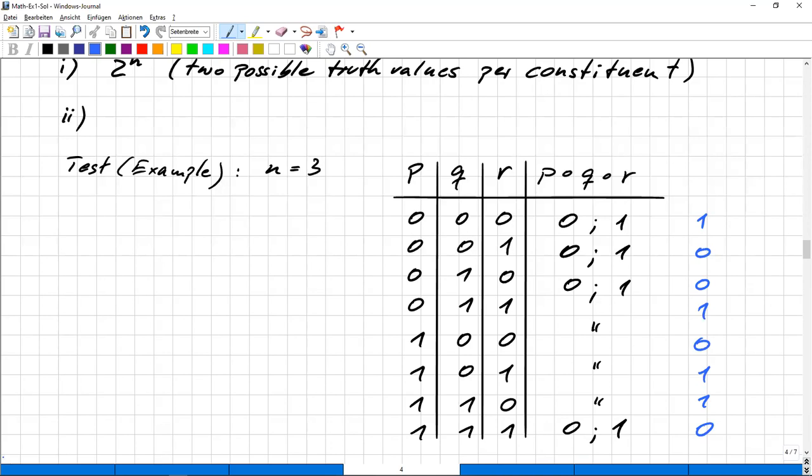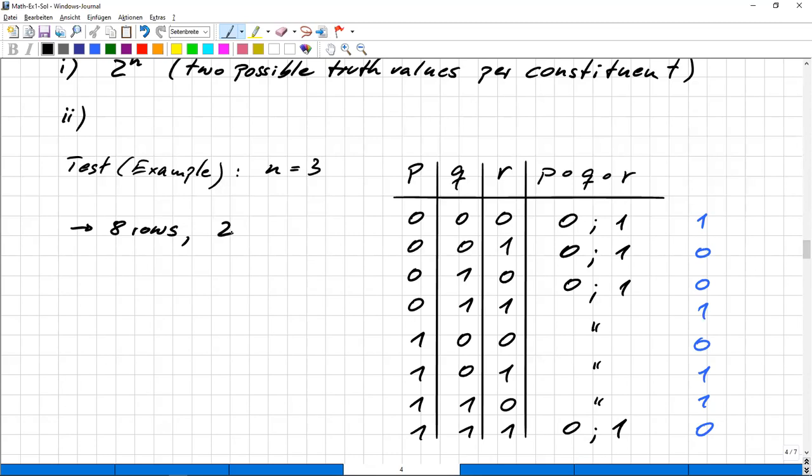Because here, say, 8 rows. Some say rows, I say rows. I think both is possible. 8 rows.